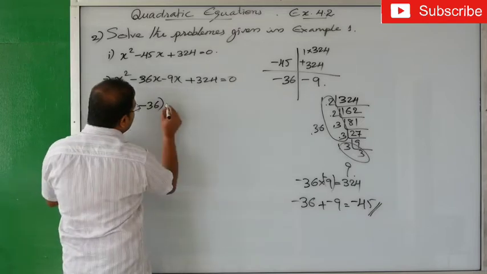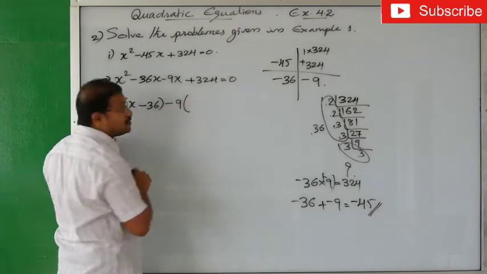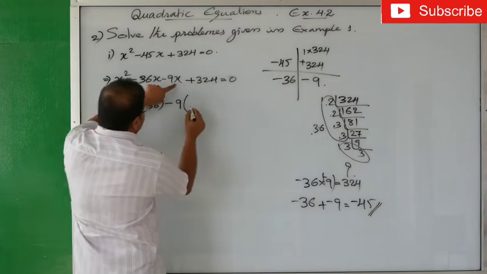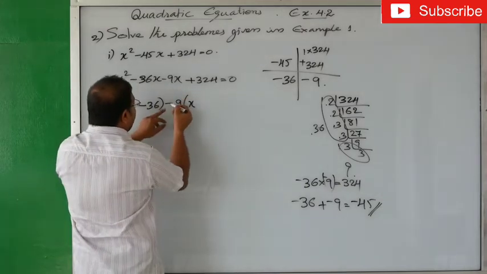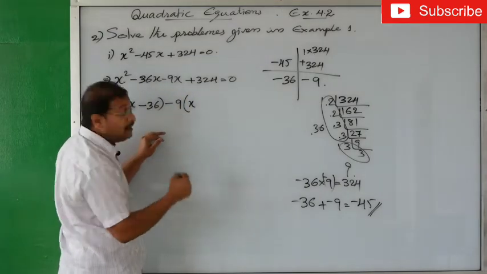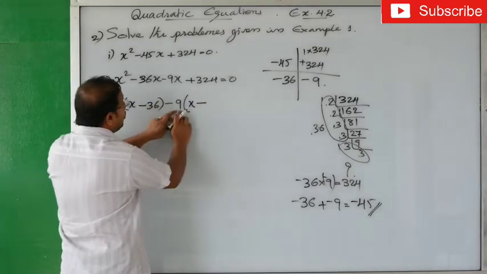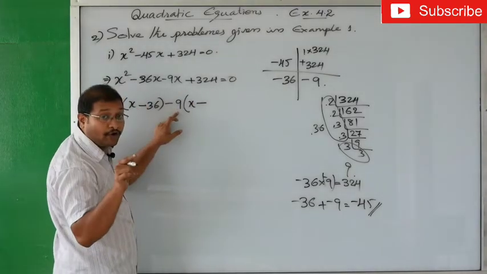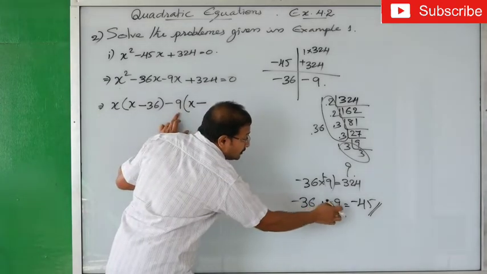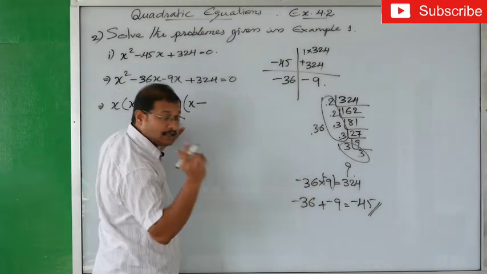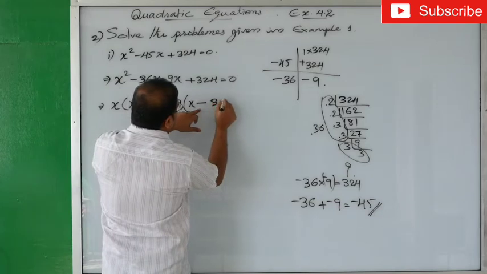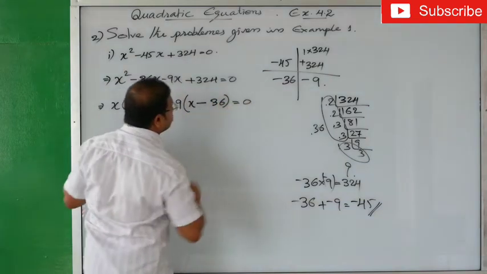From these two we will take minus 9 outside. Ready? Now the balance is x. If you take minus from plus, plus will be minus. Now 9 into how much you will get? 324. 9 into 36. Isn't it? That means 36 will be the balance, equals 0.